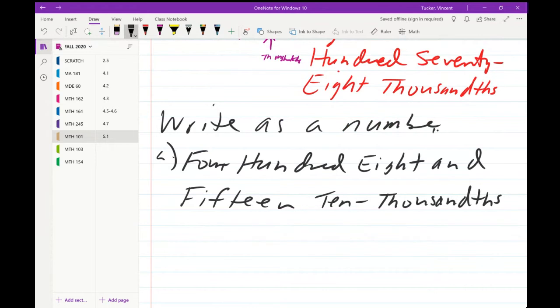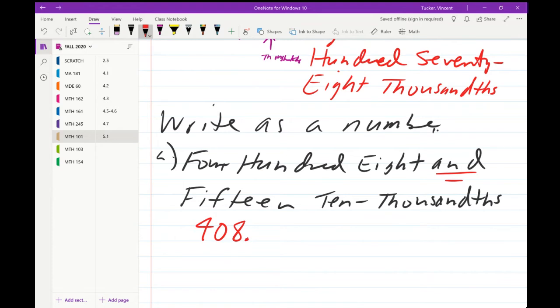It's 408 and 15 ten-thousandths. So 408, and is our decimal. Now it says 15 ten-thousandths.